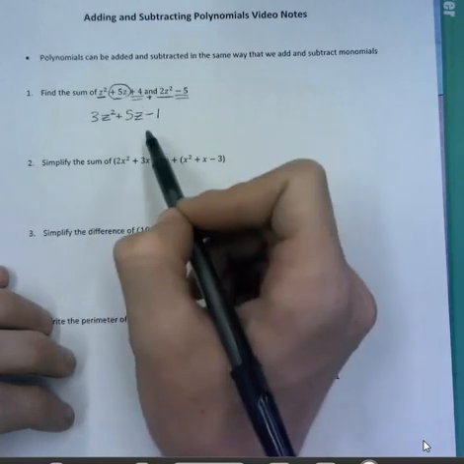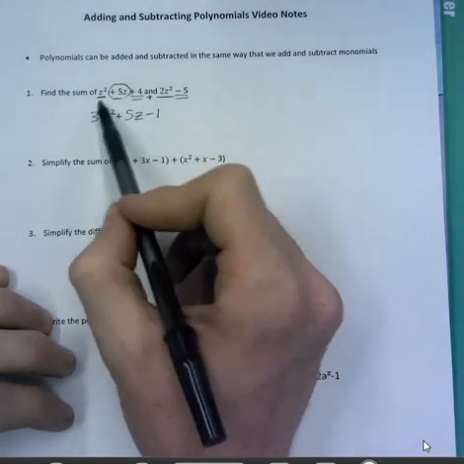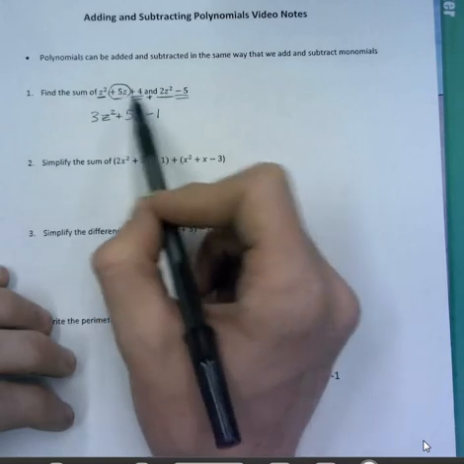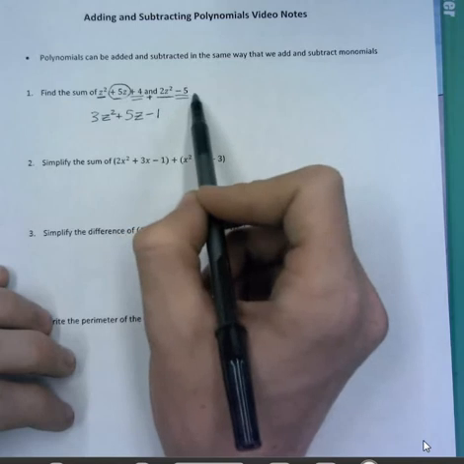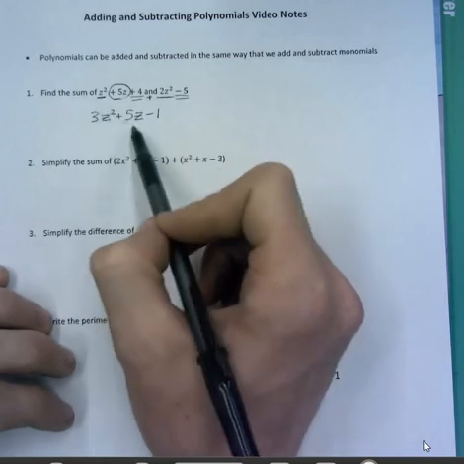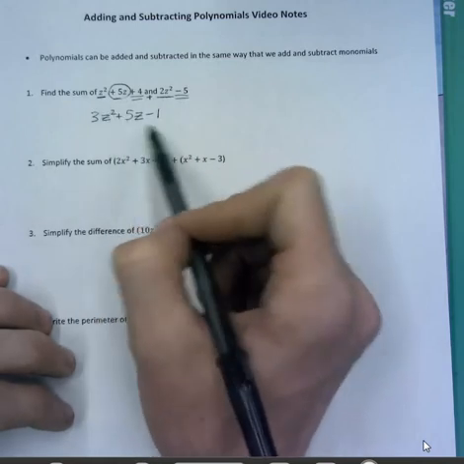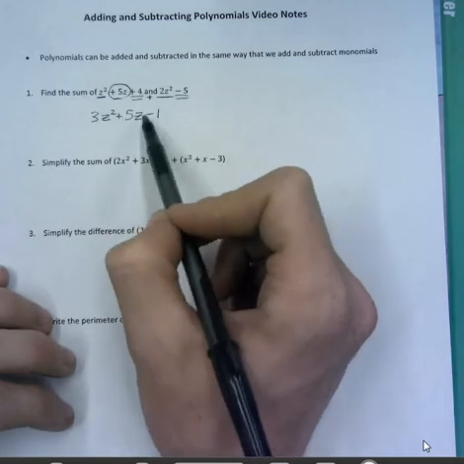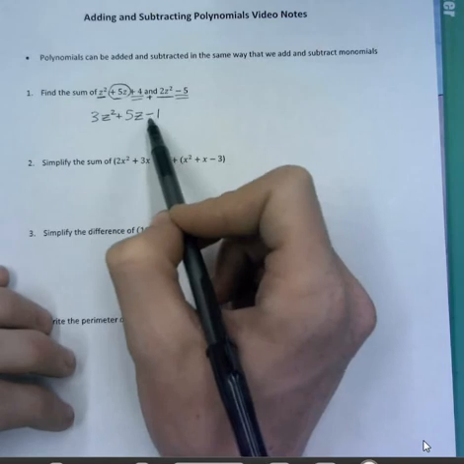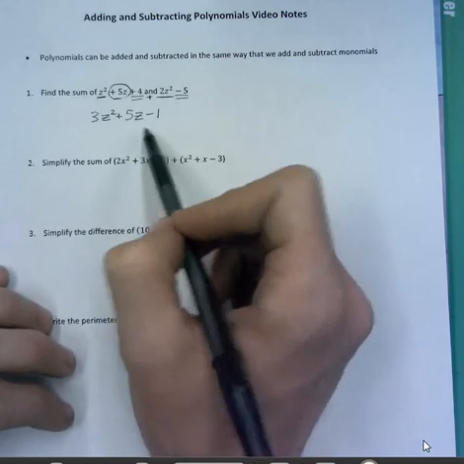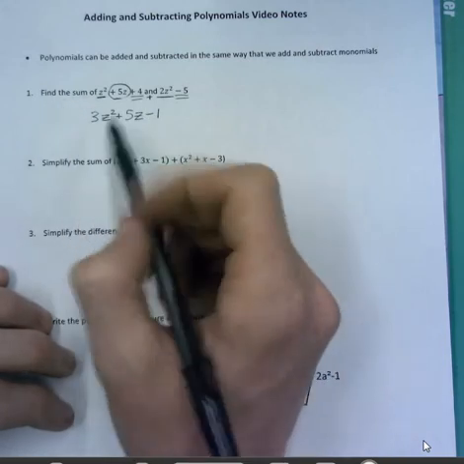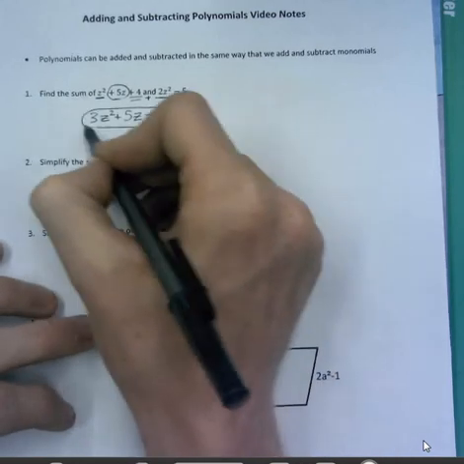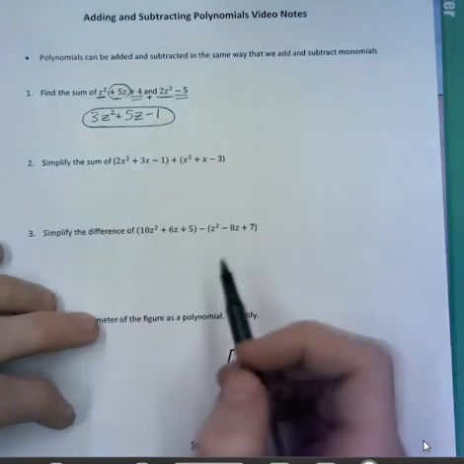Okay? So only combine your z squareds. Now, plus 5z, and we don't have any other z to the first powers. So we just bring that down here. And lastly, we have a positive 4 and a negative 5. So 4 plus negative 5 results in negative 1. So here we are. You've found the sum, and you cannot simplify that any further because we have no more like terms.